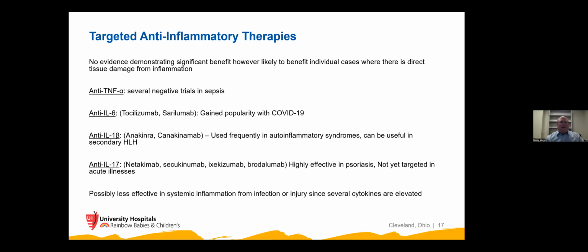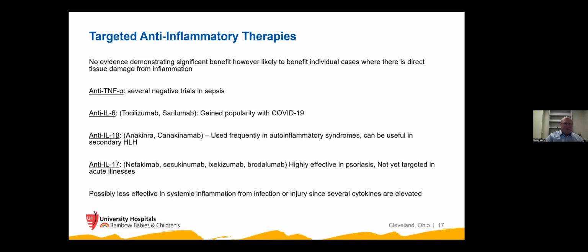Definitely not sepsis, but using anti-TNF alpha inhibitors, IL-6 inhibitors, which gained a lot of popularity during COVID, and IL-1 beta inhibitors, such as anakinra. Some of these are wonderful drugs and can be readily used for hyperinflammatory disorders. But before we use them, we really have to understand whether or not the injury is from ongoing hyperinflammation or if there's something else that's going on.